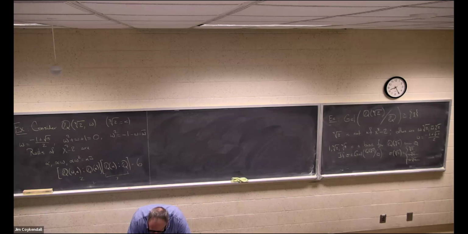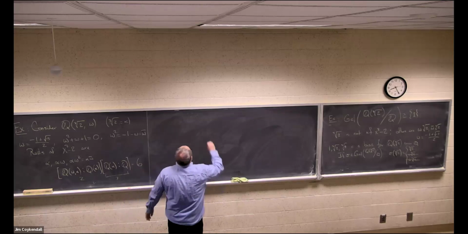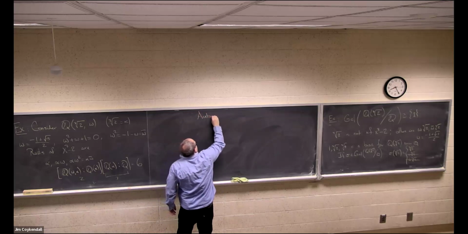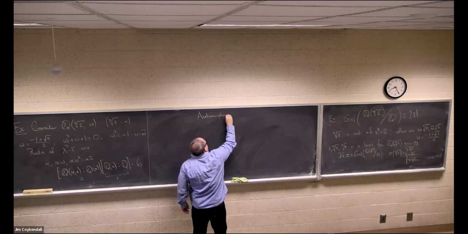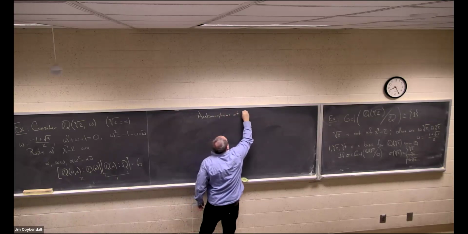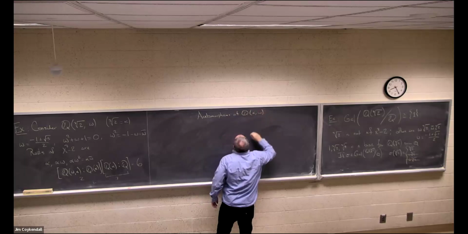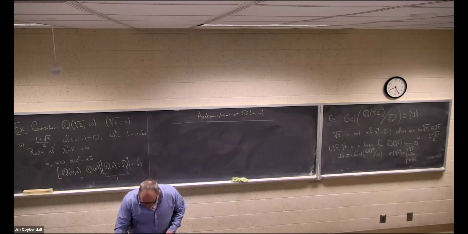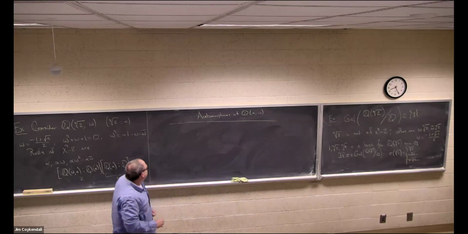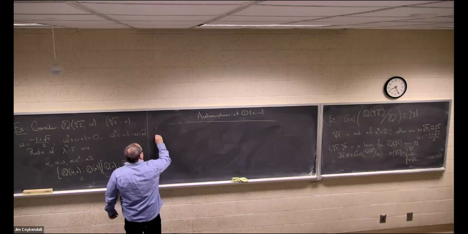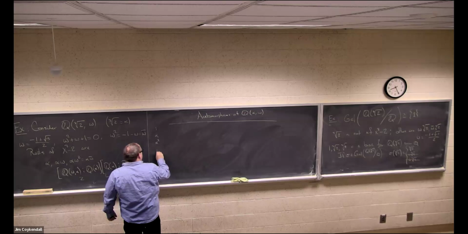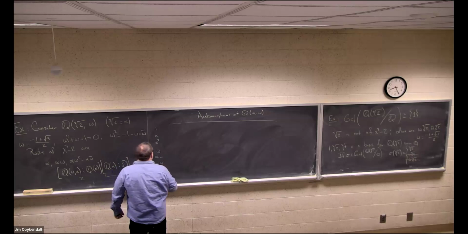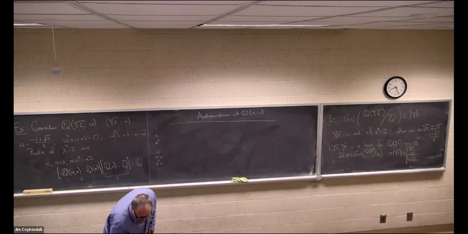As it turns out, let me write down the basis I want to use: 1, alpha, alpha squared, omega, alpha omega, alpha squared omega.